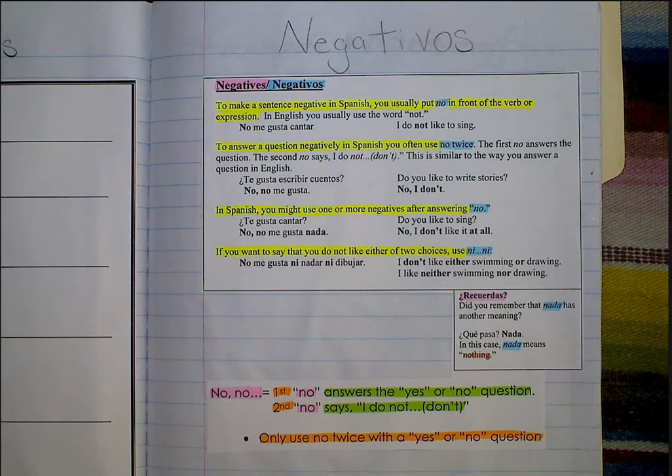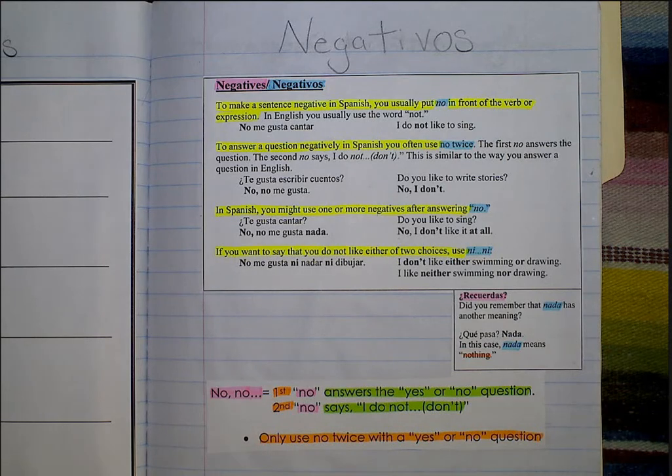Also, lastly, if you want to say that you don't like either of two choices, so if someone has asked you, ¿Te gusta nadar y dibujar? Do you like to swim and draw? Or if they're saying, ¿Qué te gusta más? Which do you like more? ¿Te gusta nadar o dibujar? And you don't like either one of those choices.